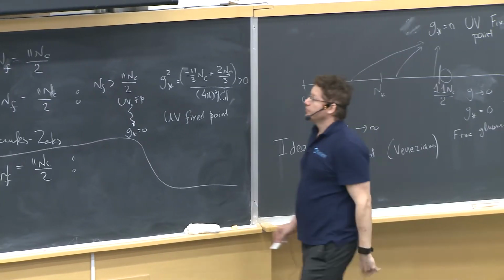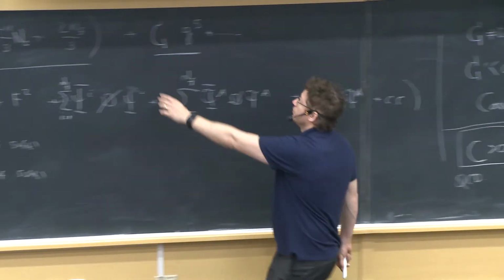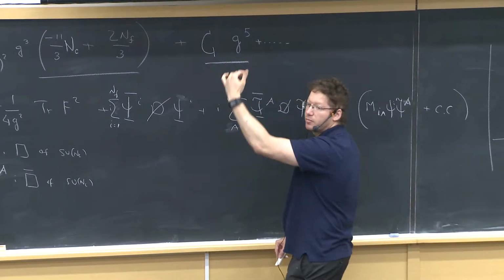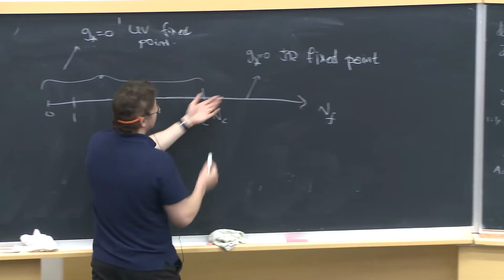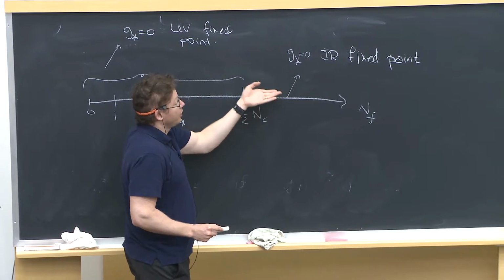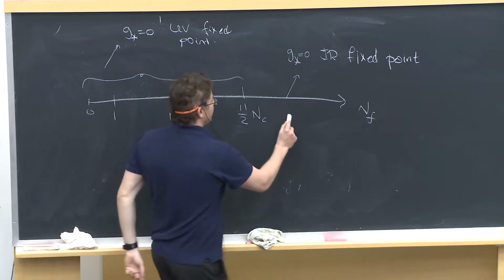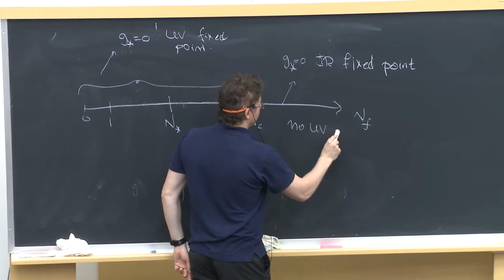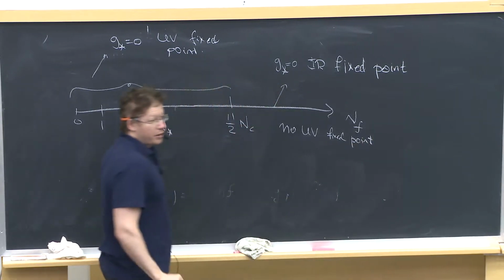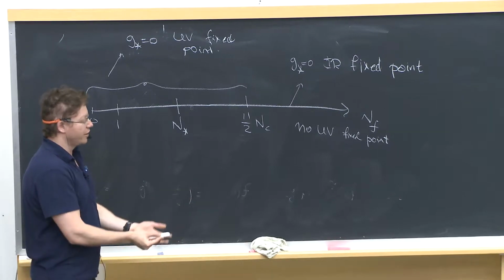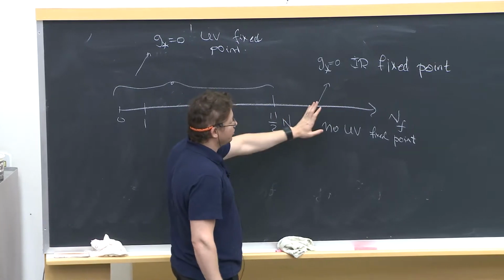Because when C is positive, the first term in the beta function is positive, and this is positive, so we don't see any perturbatively accessible fixed point for N_F bigger than 11 over 2 N_C. So here, there is a nice infrared fixed point, but if we crank up the coupling, we don't hit any interesting fixed point in the UV. So we don't see any UV fixed point, but that's okay. We're not so interested in UV fixed points, because UV fixed points require tuning. An infrared fixed point can be more generic because there could be a basin of attraction. So we don't see any UV fixed point in this regime.